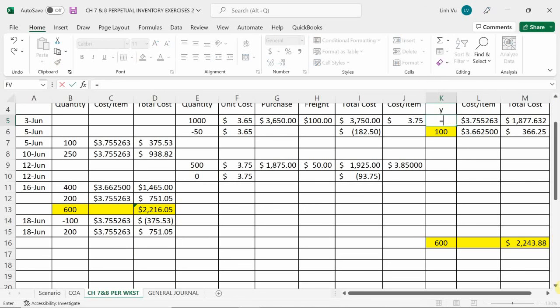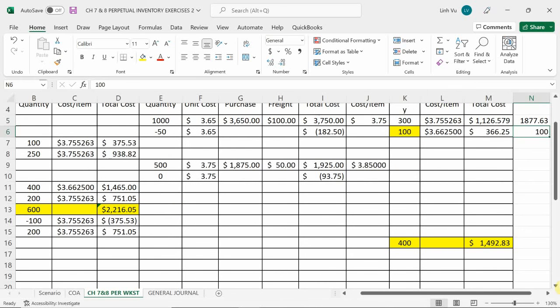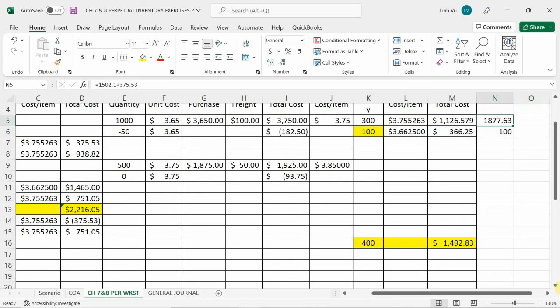So we have 500 minus 200 will give you 300 units, and it should give you, okay, so let me see, 1877.63 minus 751.05 should give you, yeah, it should give you 58.